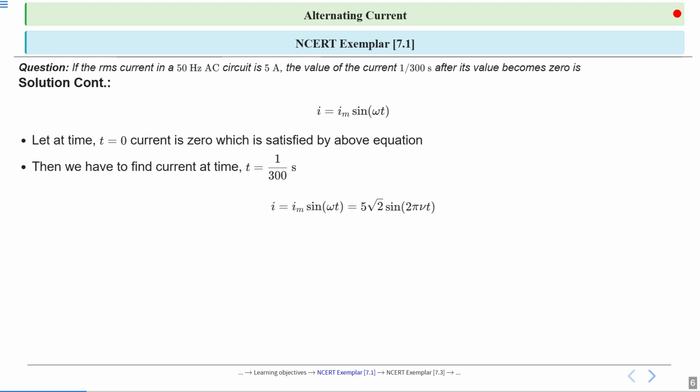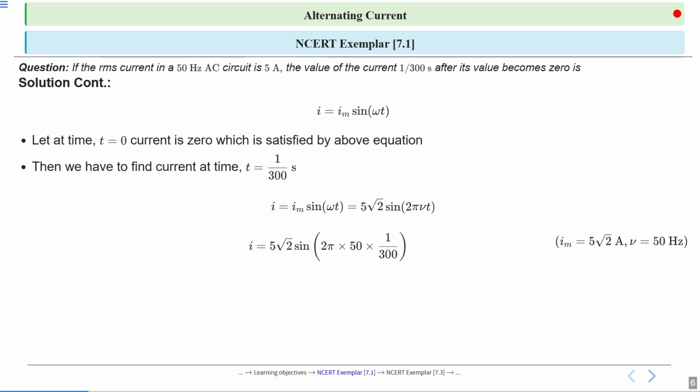current. So I equal to Im sin omega t, which is equal to 5 root 2 sine, what is omega? 2 pi nu t. Nu is given in the question, 50 hertz. t is 1 by 300 seconds at which we have to find the current, and 5 root 2 is the maximum current we have calculated.